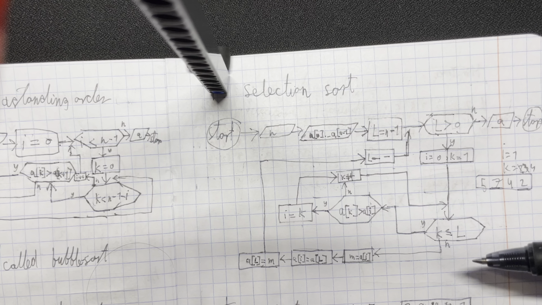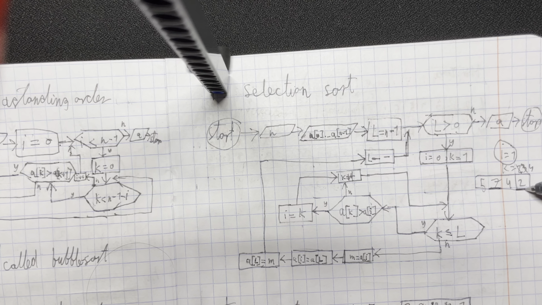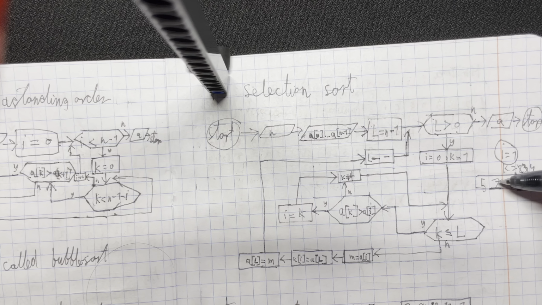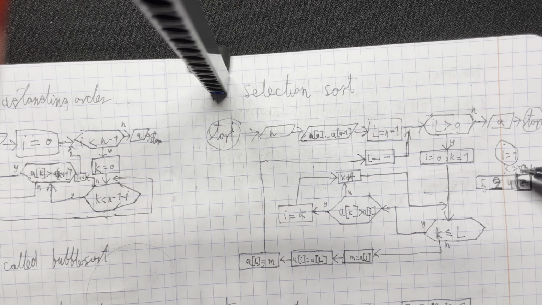After this, we do L minus minus, because if this is 2 and this is 7, we already know that here we have the biggest number. So we don't need to check this box, we just check all the rest.